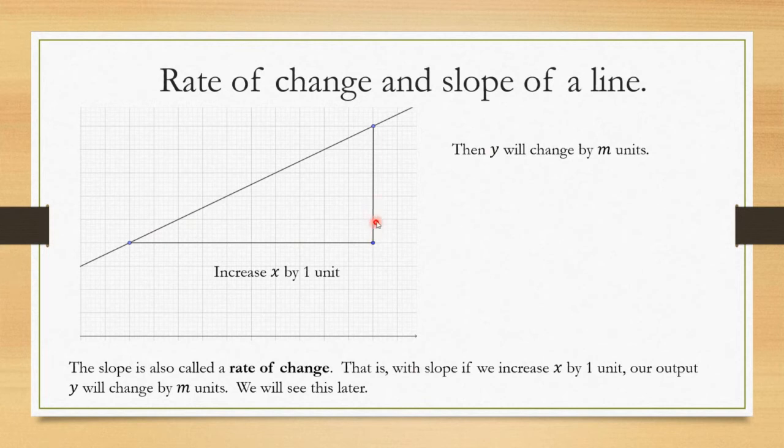It's going to change by m units. M, again, is the slope. So if you increase x by 1, your y will change by m. It might increase, as in this case, or it might decrease, depending on the slope. If the slope is 0, which can happen, then y is not going to change at all.